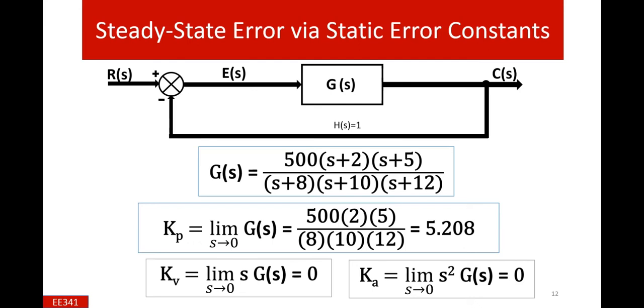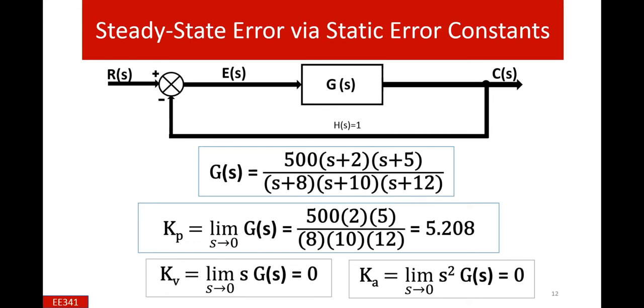So let's take the open loop transfer function, and if we want to find the position constant, the definition of the position error constant is to take the open loop transfer function here. The complete open loop transfer function is 500 into (s+2) into (s+5).